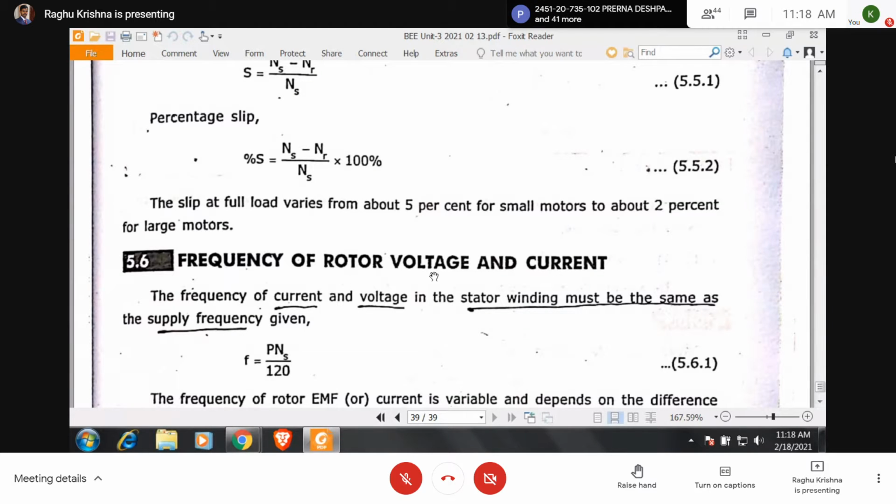When the rotor conductors cut the rotating magnetic field, an EMF will be induced in the rotor conductors. That frequency we are going to find out here: the frequency of the rotor voltage and also the frequency of the rotor current.